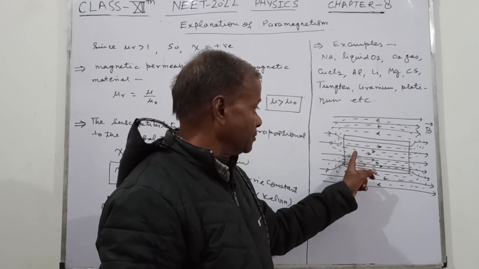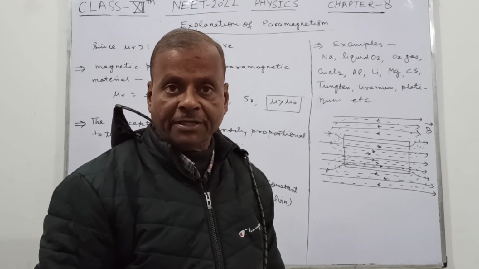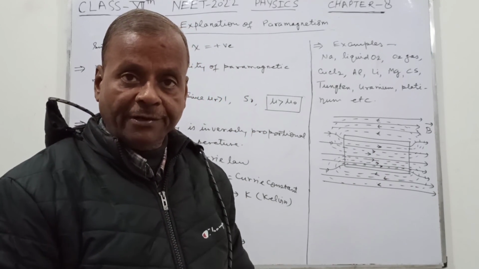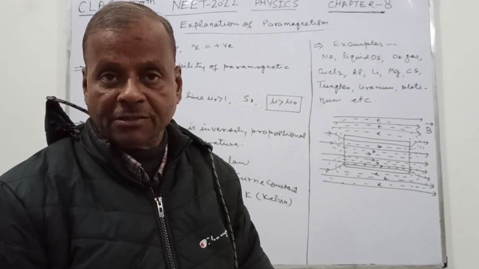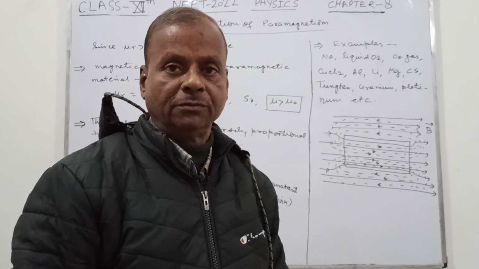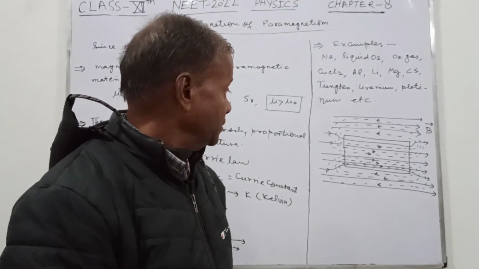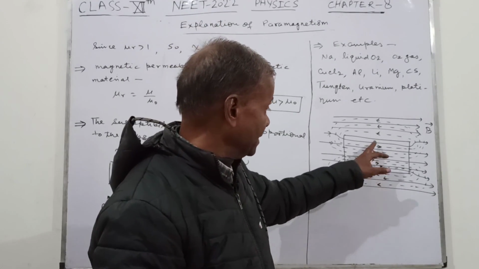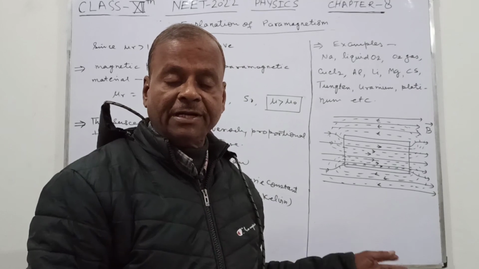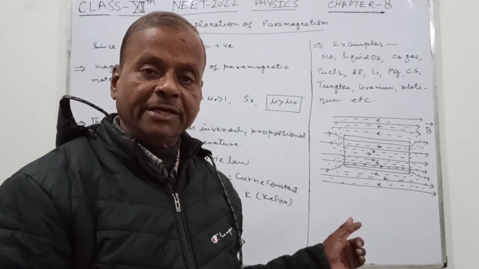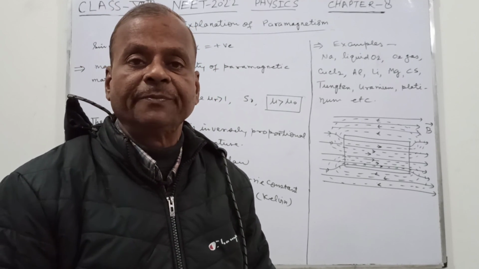So this shows that when we have this paramagnetic material in the magnetic field, it gets magnetization in the direction of the applied magnetic field. So just by seeing the direction of the magnetic field and the magnetic lines of force, we can find that this material is paramagnetic.